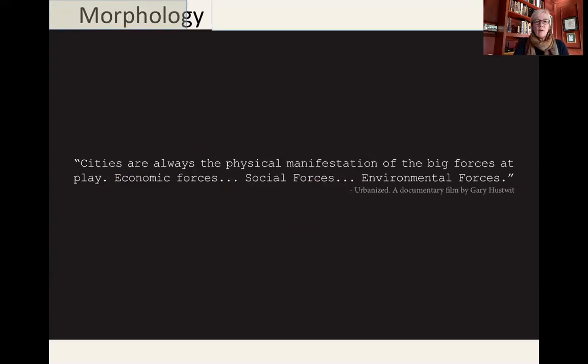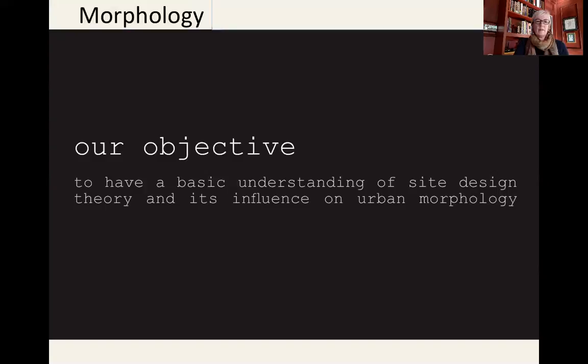Cities are always the physical manifestation of the big forces at play: economic forces, social forces, and environmental forces. So we really need to have a grounding in where we came from, which helps us as we move forward.